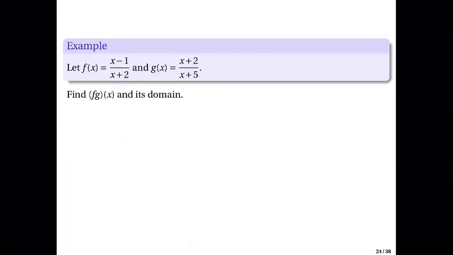Next, let's look at the product fg of x, and then we find the domain. So, by definition, fg of x is just f of x times g of x. We use the function f and the function g, and then we just multiply them.